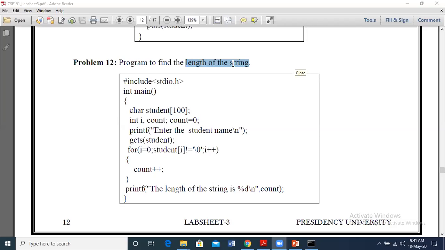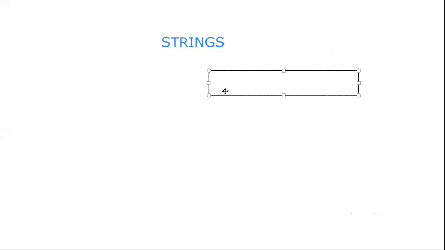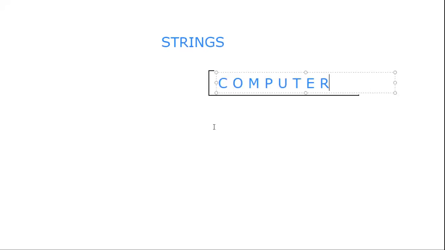We know that the string is stored in the form of an array, right? Let me just, are you able to see the white screen? Yes, ma'am. So here we have the string. Say we store it like this.